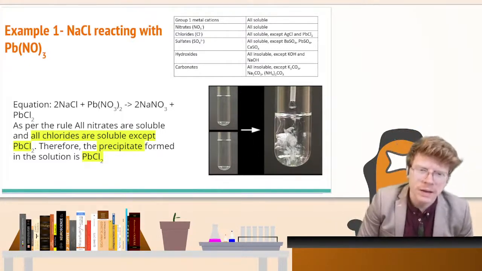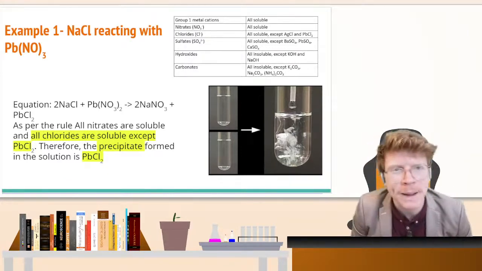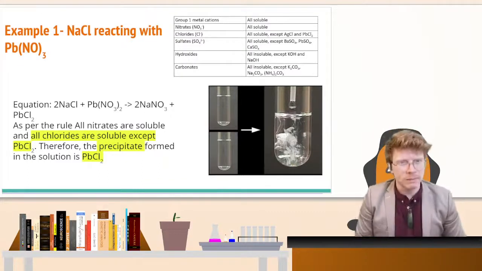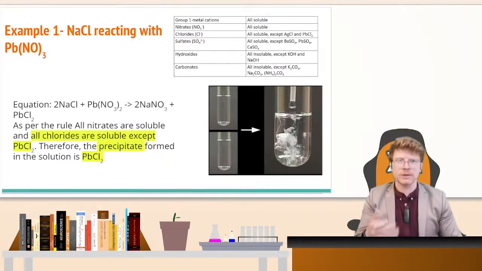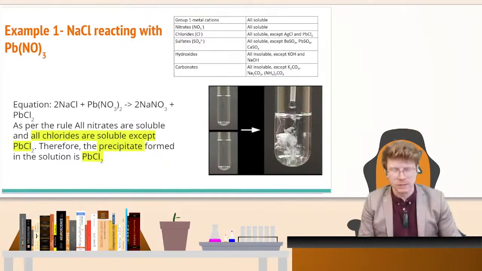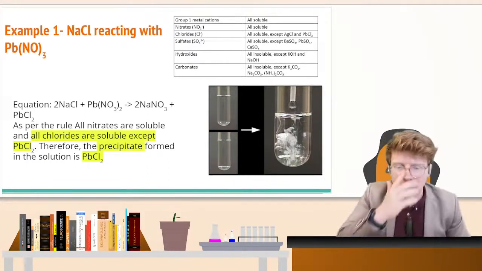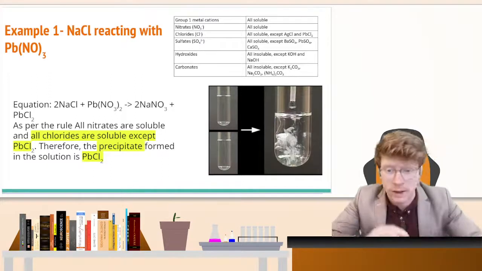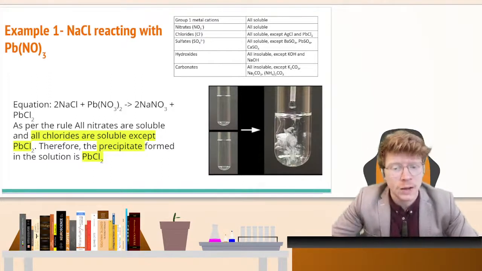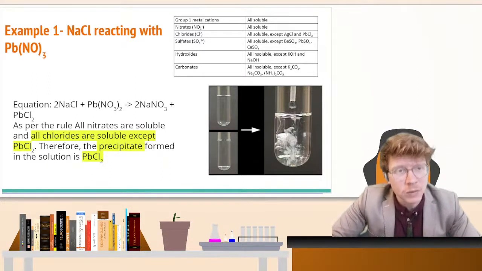You see this interesting kind of snowy white precipitate. What could that be? Well, firstly, we've made a precipitate from two solutions. So we know that it's a precipitate reaction. We know there's going to be some swapping going on. We swap around our cations. So we have sodium nitrate and lead chloride.